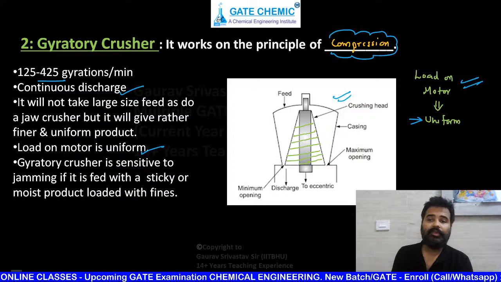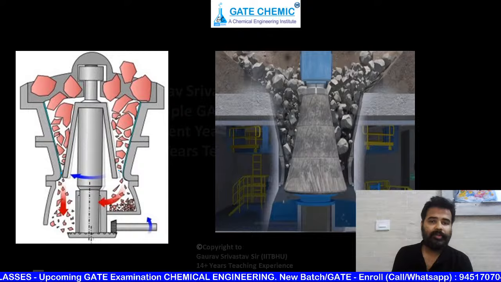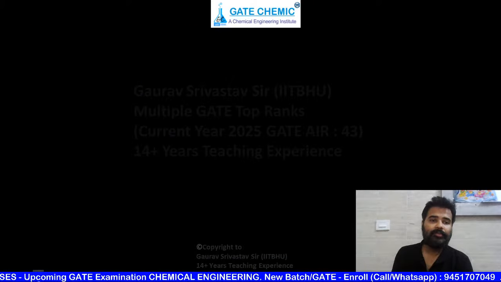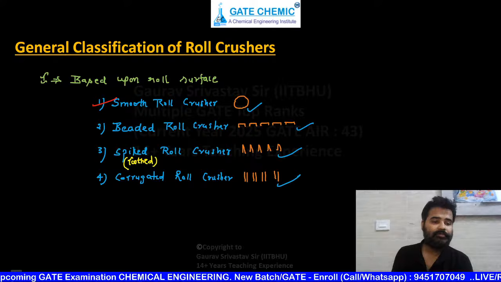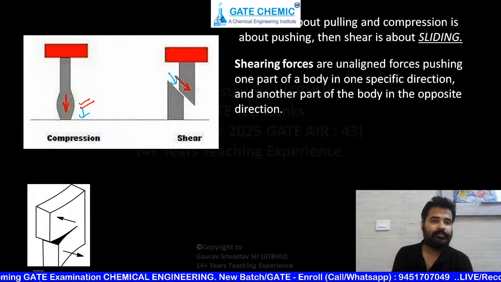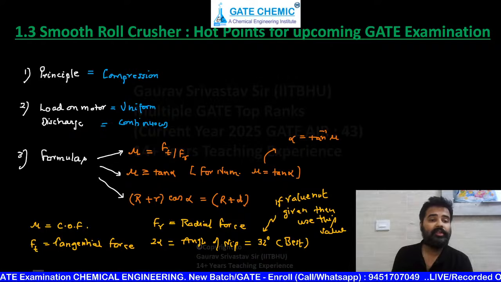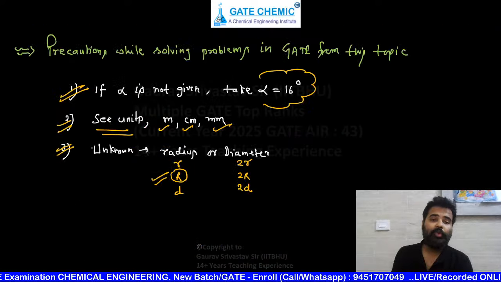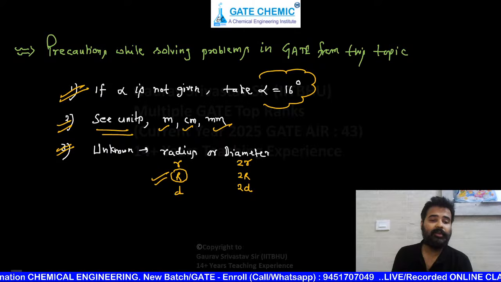Then you had seen this gyratory crusher, crushing rolls, single double toothed bedded, everything you had seen. Precautions are very very important. This slide is also very very important बेटा, ये बहुत important slide है, ध्यान रखना बेटा, please don't do mistakes.